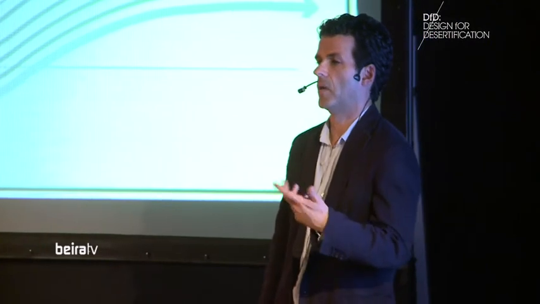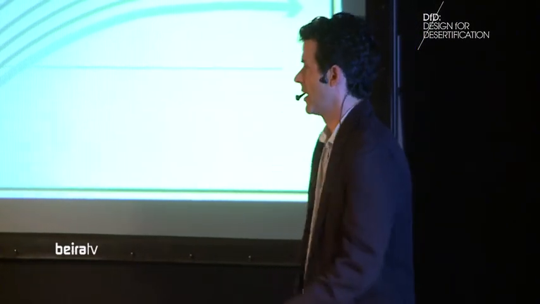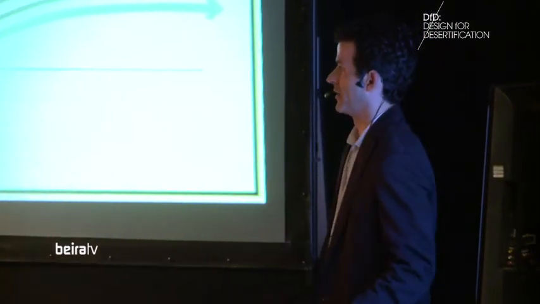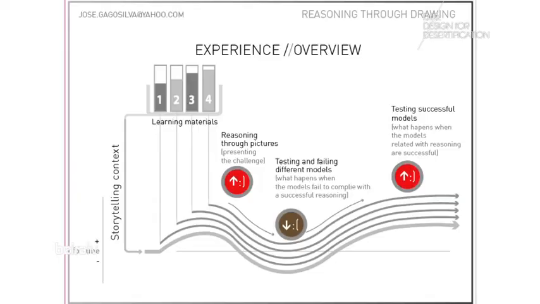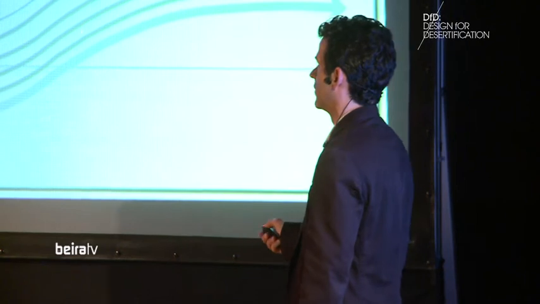But how can we do this? Well, we could apply this using a storytelling context, where in some part of the system you have the learning materials, you have the reasoning through pictures, like you are presenting that challenge to the students, and then the testing and failing of different models.